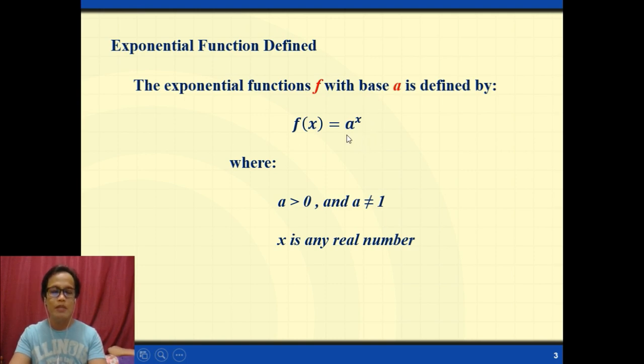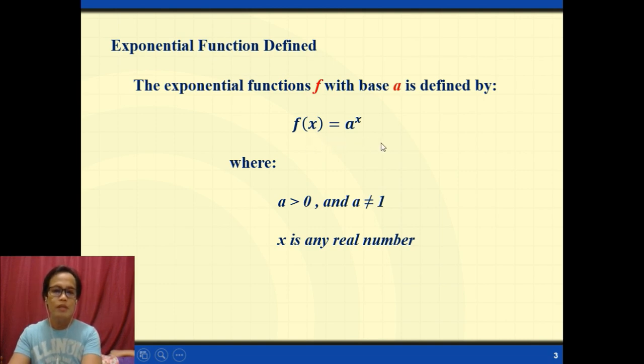But for this video, I will be using a raised to x, where a should be greater than 0 and a should not be equal to 1. And x is any real number. So there is no restrictions in the domain for this specific function.